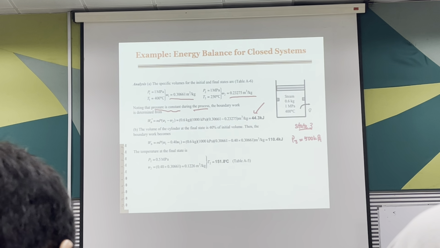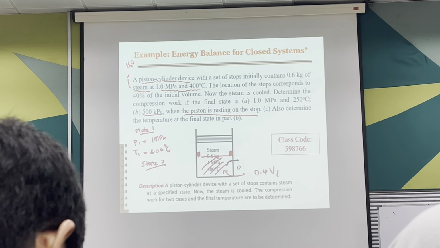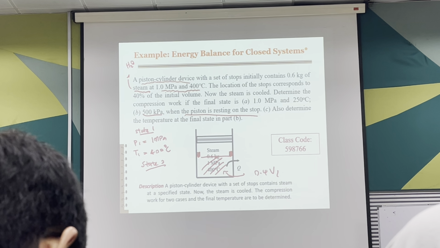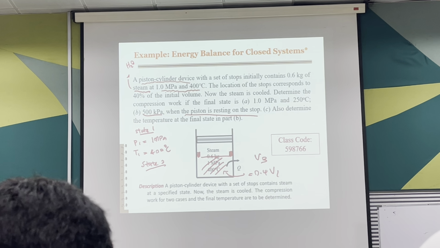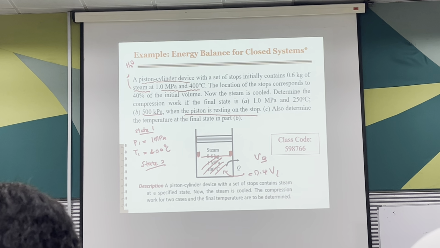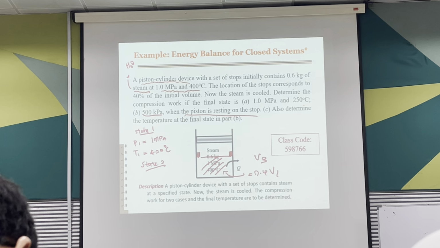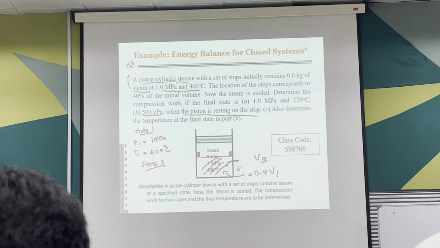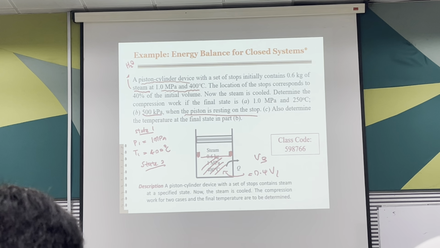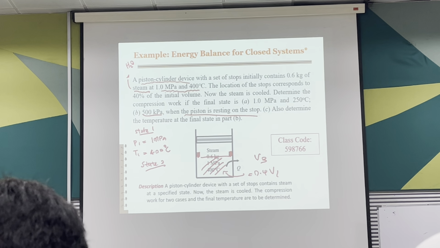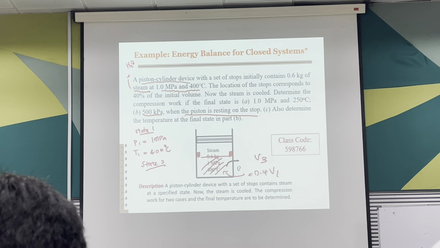Okay, so now we're back to state 3. When the piston is resting on the stop, what you know is V3 is 0.4 V1, because when it reaches the stop, the piston will not go down further. So V3 equals 0.4 V1. This is what we know.